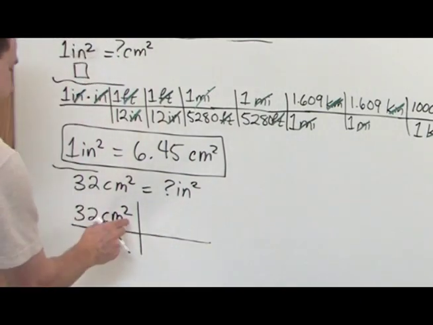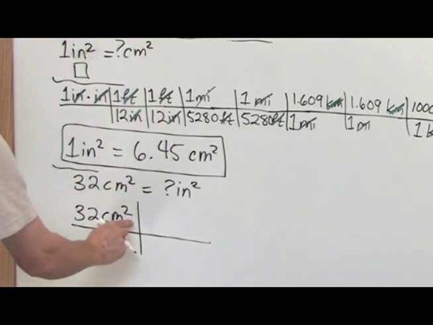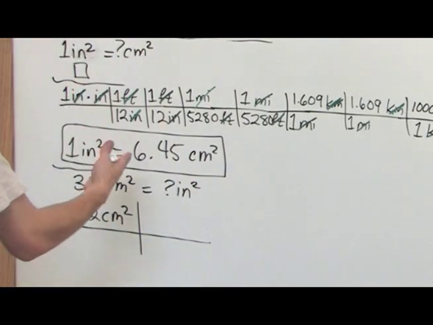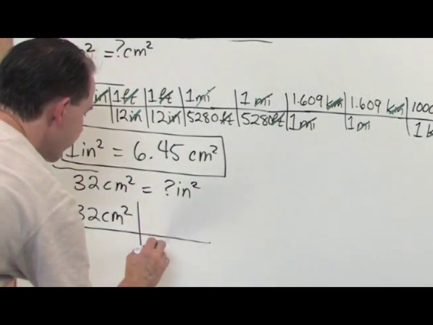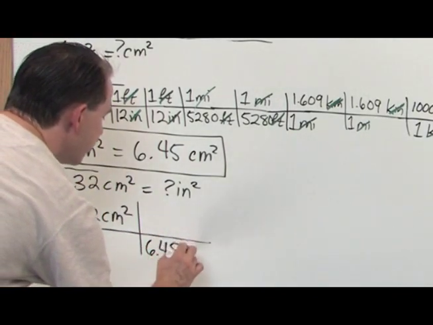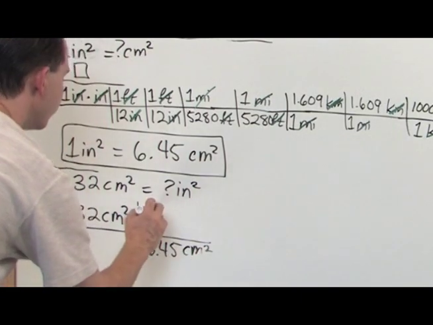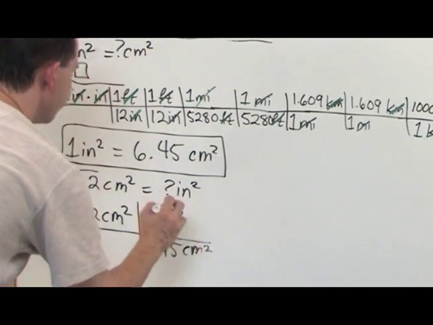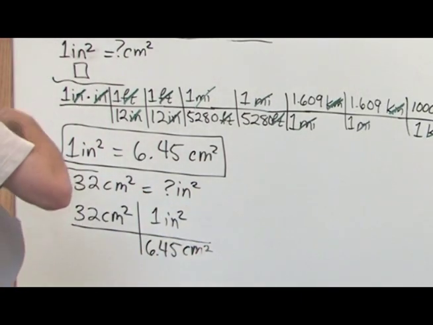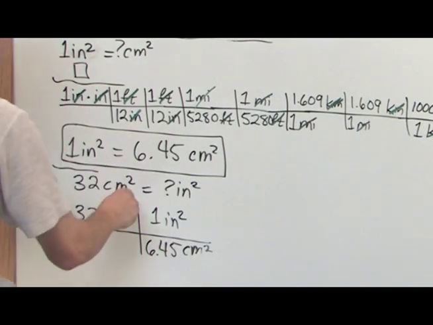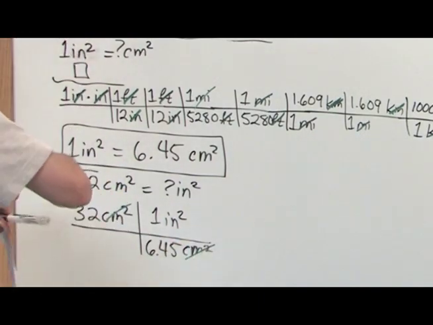I'm going to write it like this, and I'm going to use the conversion factor that I just invented. 6.45 centimeters squared is equal to 1 square inch. And so the square centimeters cancels with the square centimeters.